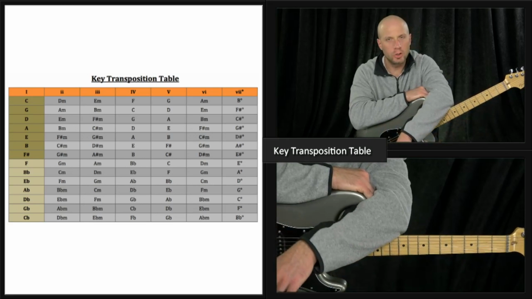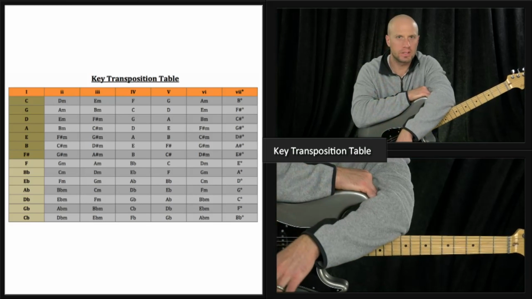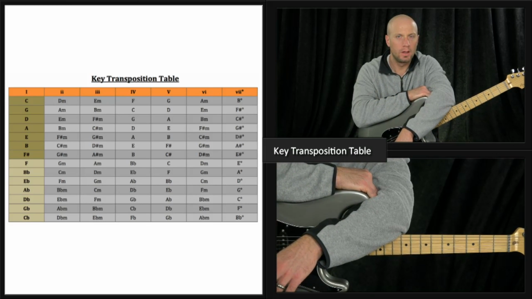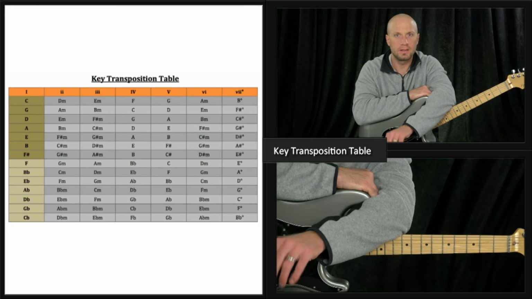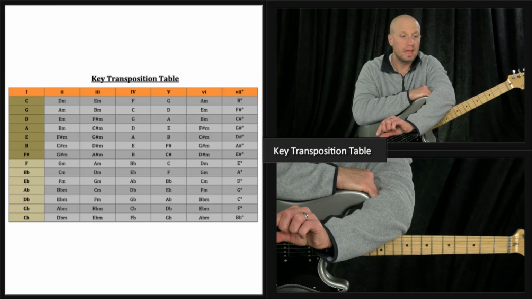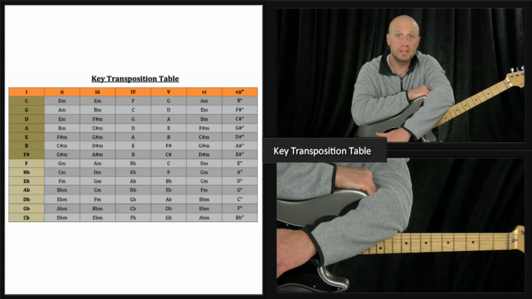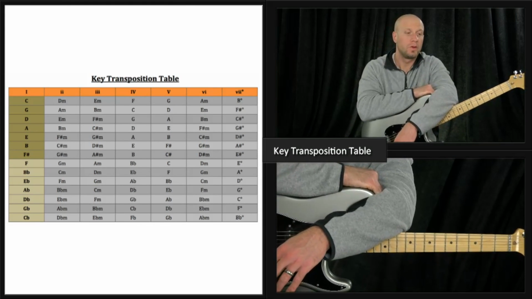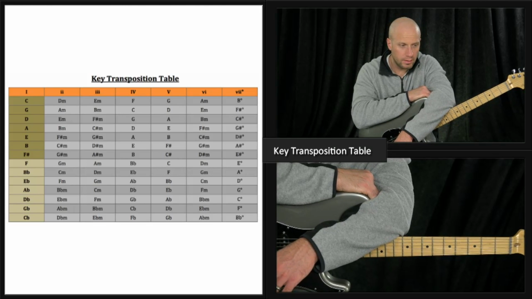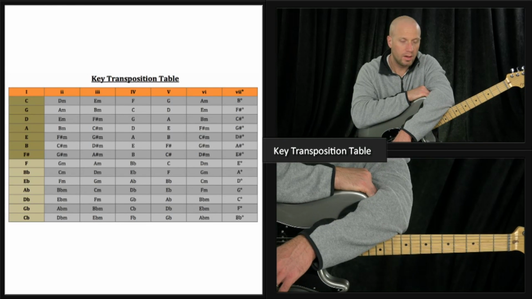We know that Dorian is the second mode of the major scale. So we're going to build off of where we see D in the second position, that second column. Where do we see it? We see it in C. So D Dorian would be placed on the second degree of the C major scale.